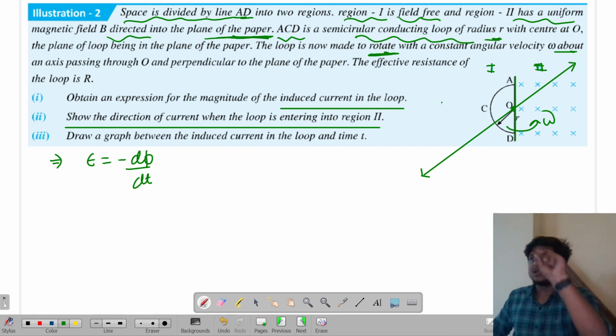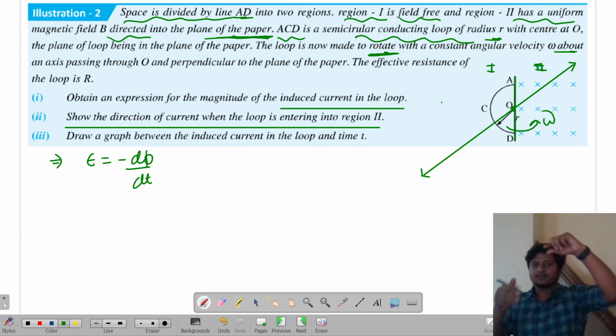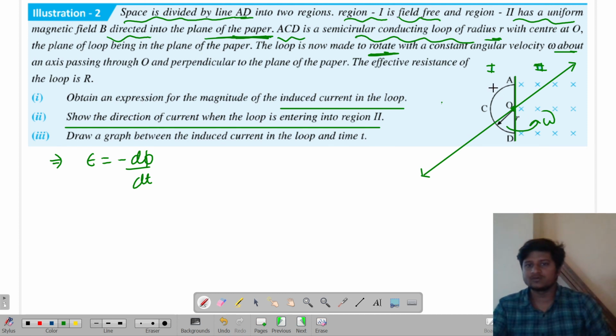First, what is happening with the magnetic field? Try to understand. If the loop comes over here like this, only this much region has the magnetic field. Many people will say the magnetic field is changing, but actually the area in the magnetic field is changing. First a little amount comes in when it starts to rotate, then some more.